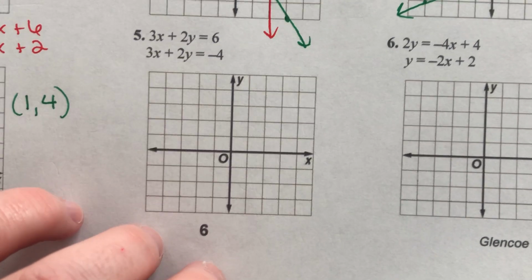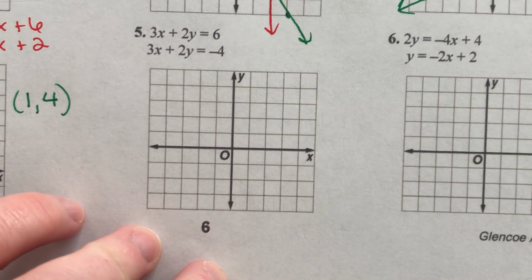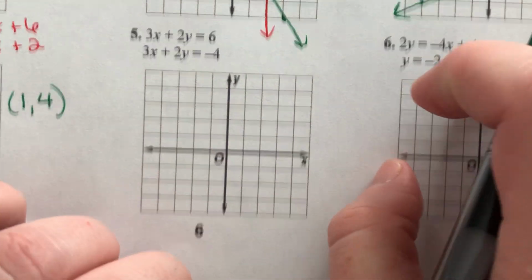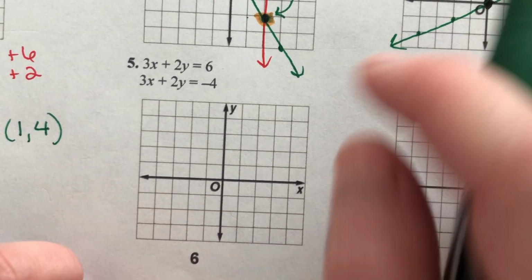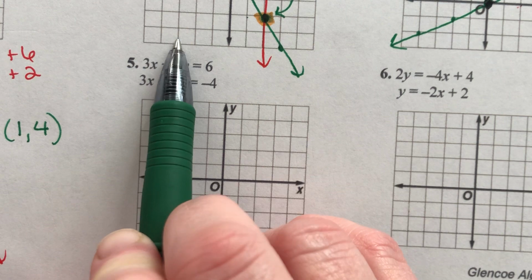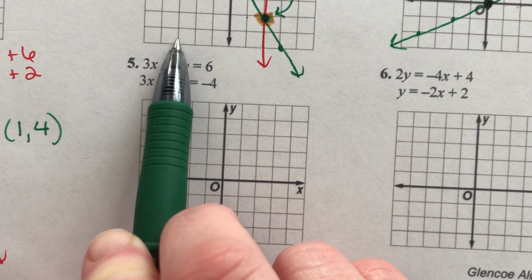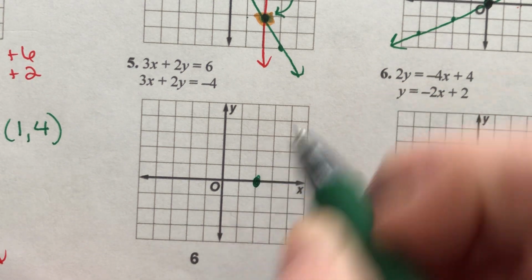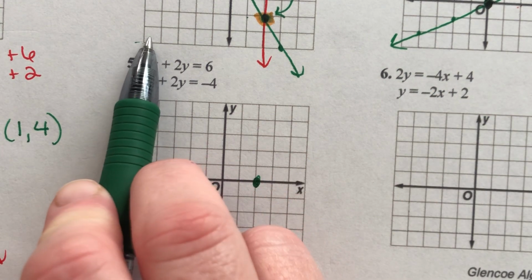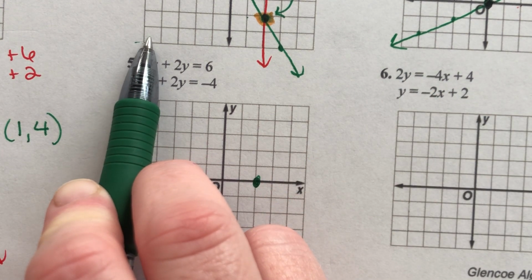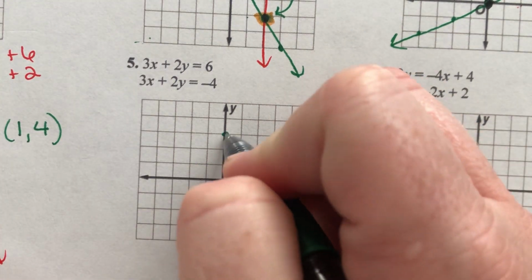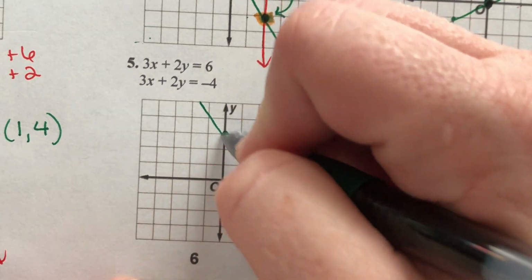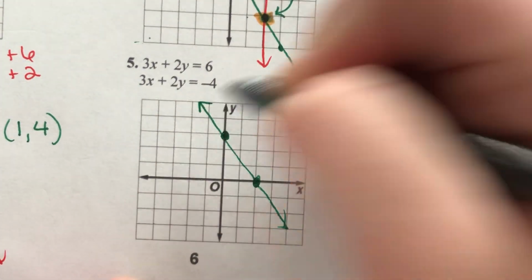Okay, for this next one, I'm just going to graph it like standard form. Remember that? Find the x and the y-intercepts. To find the x-intercept, just cover up y. 3x equals 6, so x equals 2. And to find the y-intercept, cover up x. 2y equals 6, so y equals 3. And once I have my two intercepts, then I can just draw a line through them.